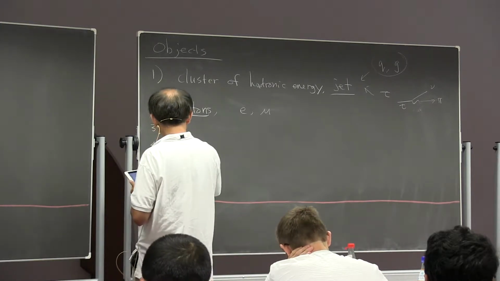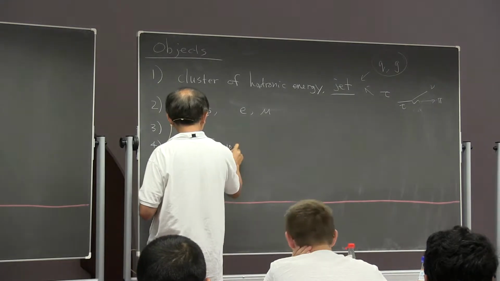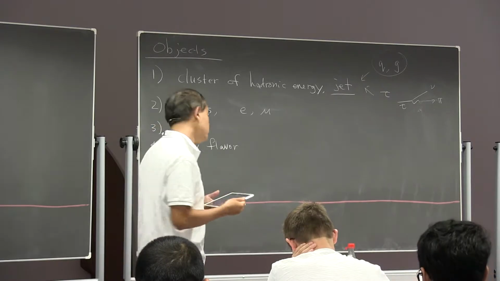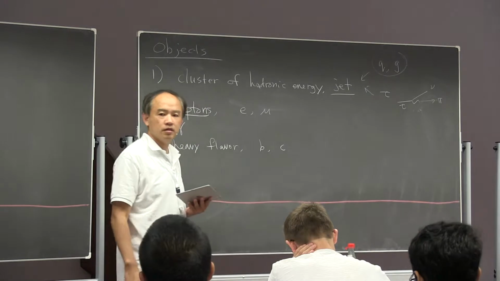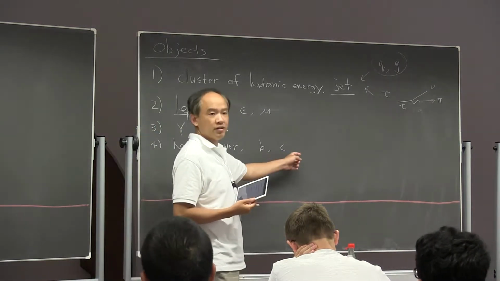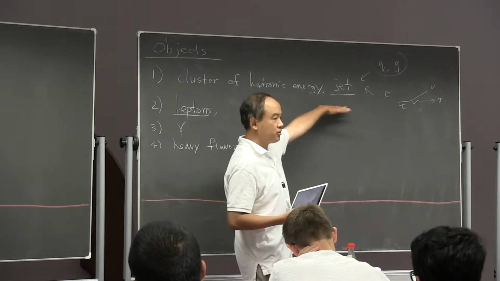Then there is something called heavy flavor. Tau sometimes you can call heavy flavor too, but mostly this just means bottom and charm. You can distinguish them somewhat, not very well. They also give you hadronic energy.